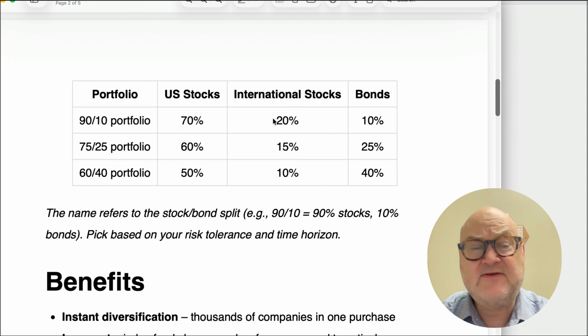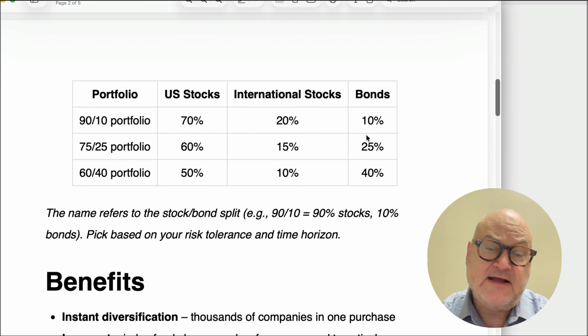Combined, this is the 90%. So this portfolio is higher risk, probably higher return because it only has 10% bonds. What drives your returns is the U.S. stock market and the international stocks. And then bonds help provide more safety, less volatility.